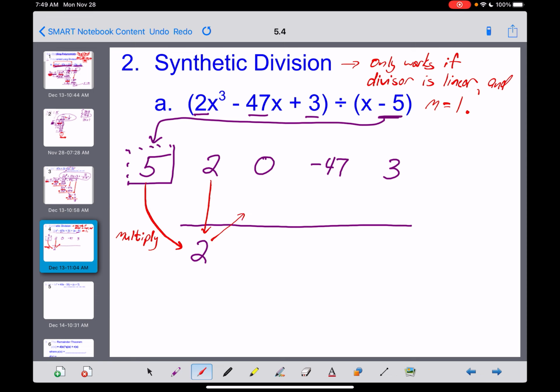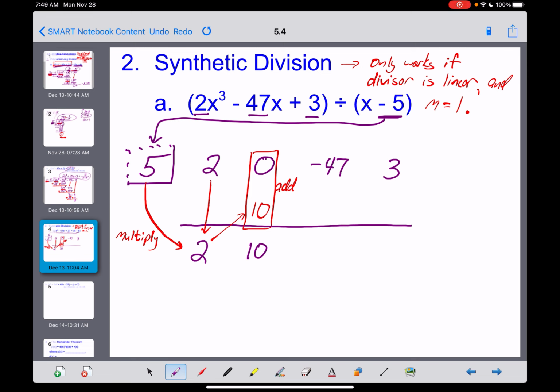And then we write that product, 10, in the next spot in the bottom. In this case, underneath the 0. And then what we're going to do is we're going to add these two numbers together. All right, so the 0 plus 10 is going to give us a 10 for this number right down here on the bottom underneath in that second column.